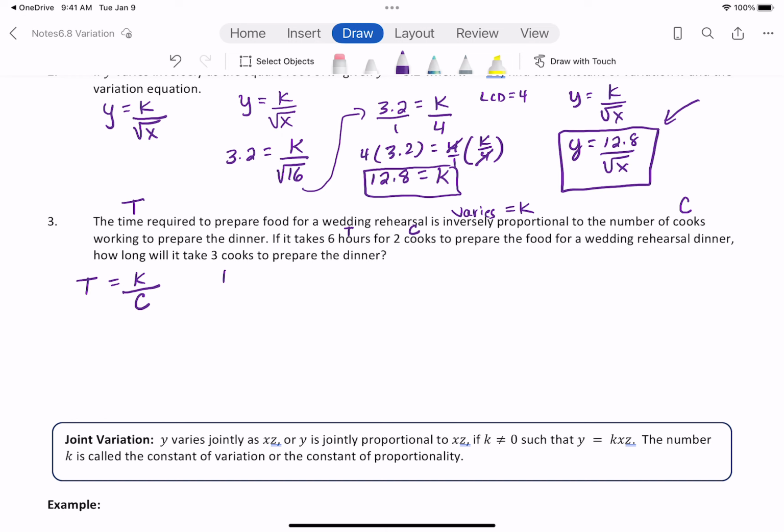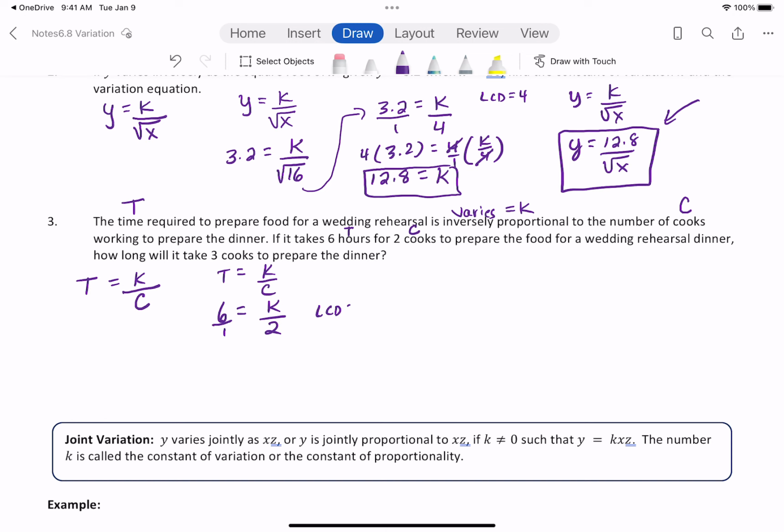So first, I'm going to use my equation to figure out what my constant of proportionality is. So I'm going to replace T with 6 and replace C with 2. So we have a rational equation.